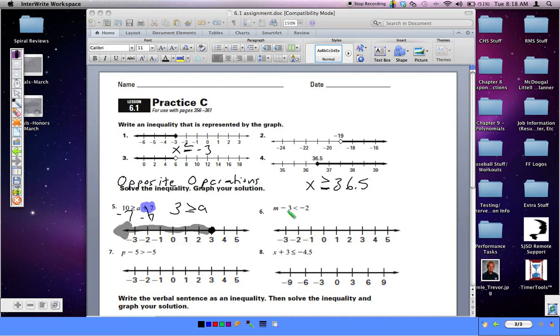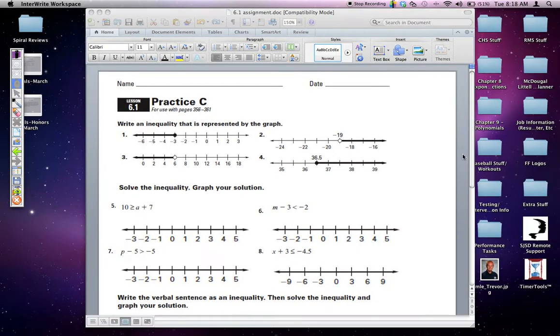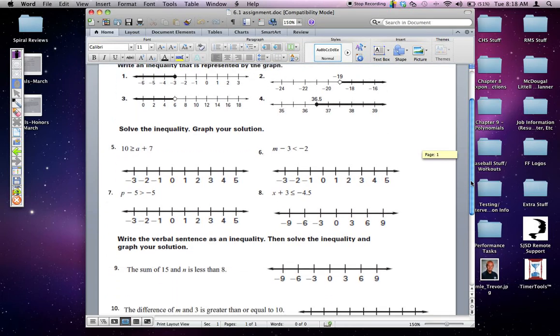So here we would be adding 3, here we would be adding 5, here we would be subtracting 3 to solve for our variable. Let's go ahead and scroll down. Let's take a look at some of the other examples.